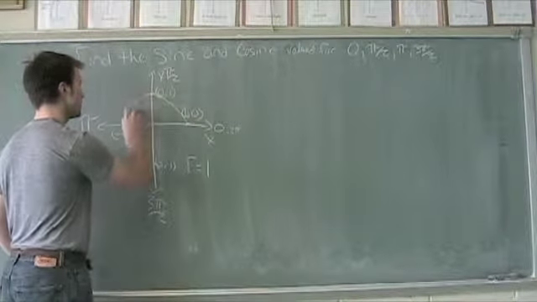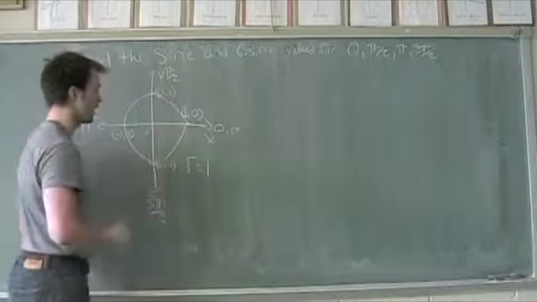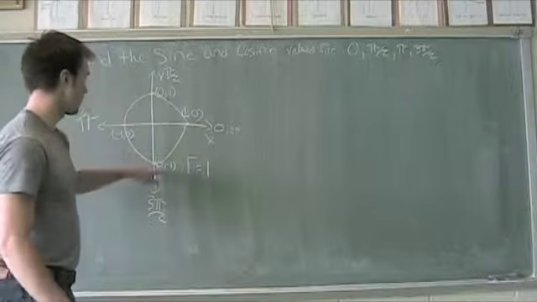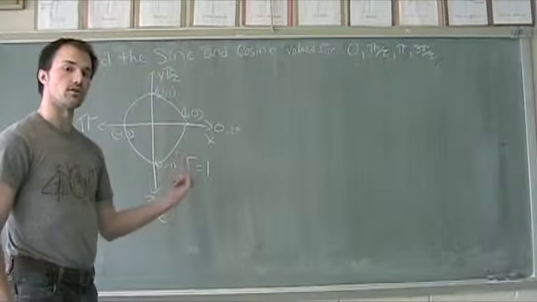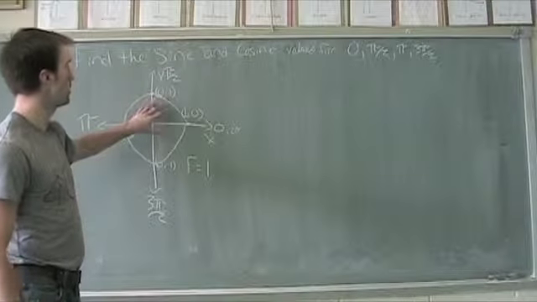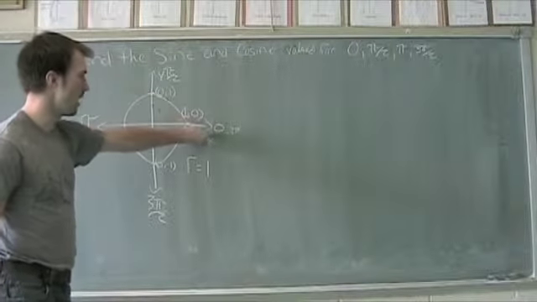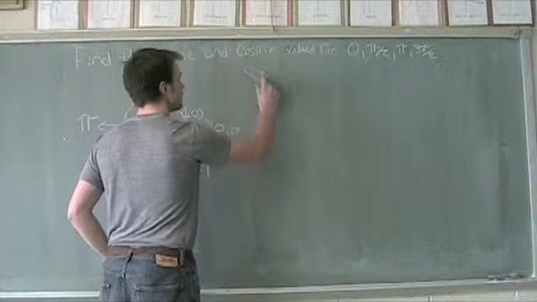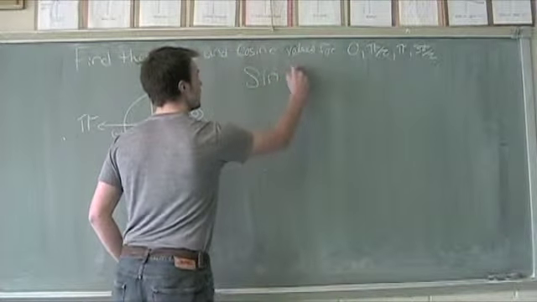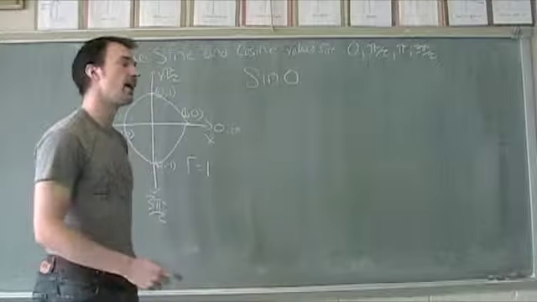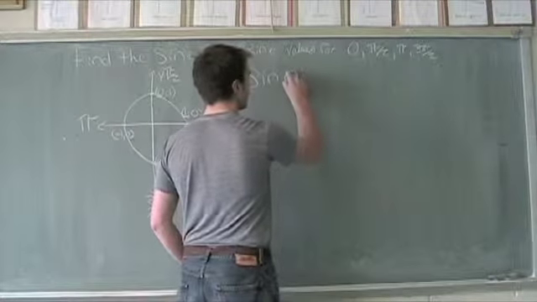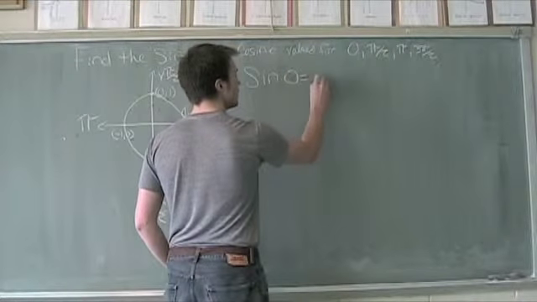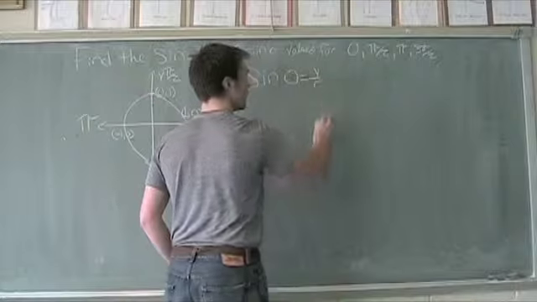So let's continue with that. It's almost the unit circle. These are values that were commonplace when we were working with unit circles, so we can use them again. Looking at the sine of 0. Sine theta, when theta is equal to 0, is our y value divided by the r value.